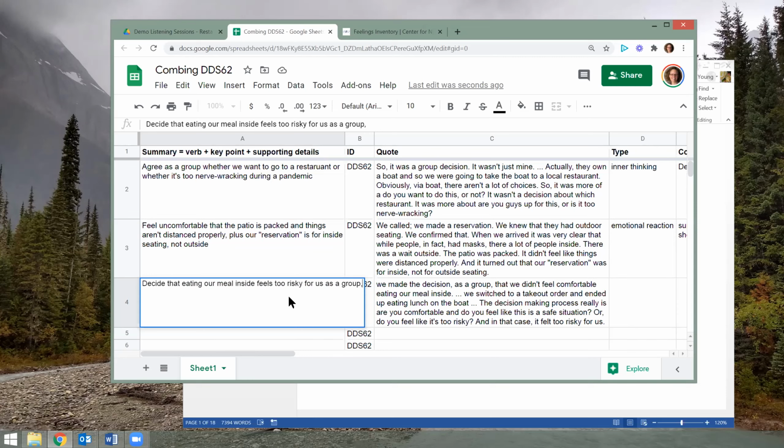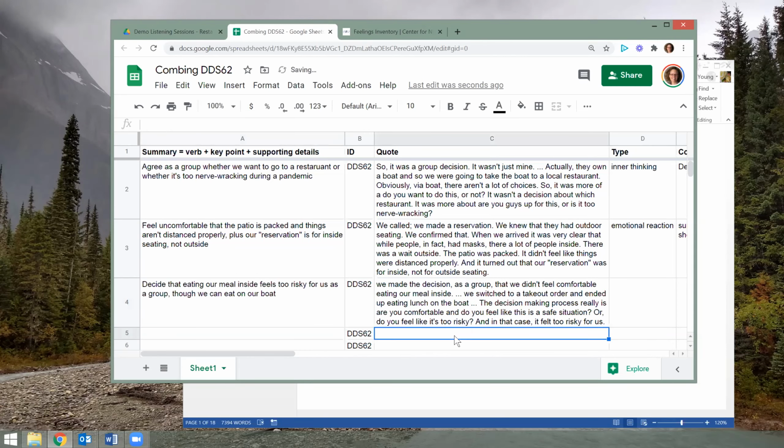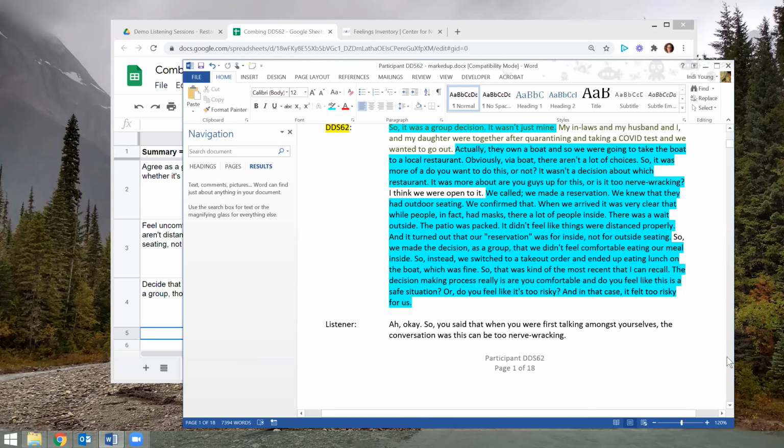They took the boat to the restaurant, although we can eat on our boat, maybe. Okay. Something like that. There's always a bunch of different ways that you can summarize something.